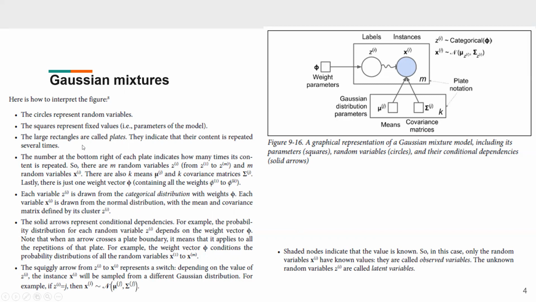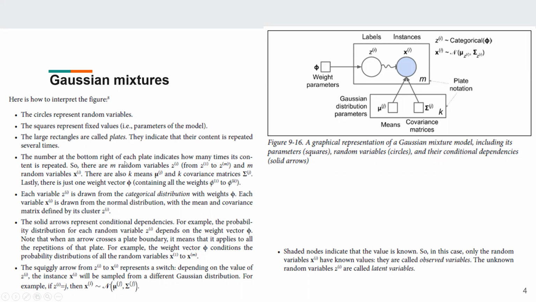And the large rectangles are called plates. Those two are considered to be plates. They indicate that their content is repeated several times, because you have multiple observations and multiple clusters, so you have this repeating of each one of them, the assigning or labeling process. That's why they are called plates.